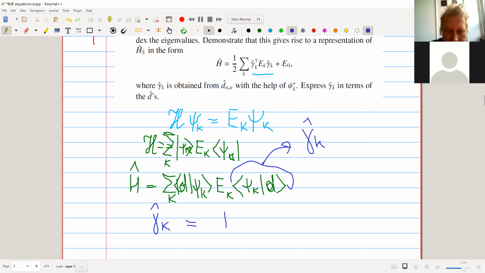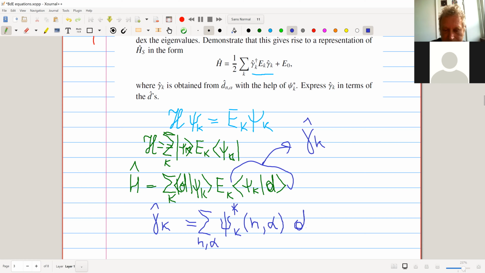It involves eigenfunction. Okay, this is bra, so I have to write complex conjugation. Let us see. It has index k, and it depends on n and alpha. I have summation over n alpha.